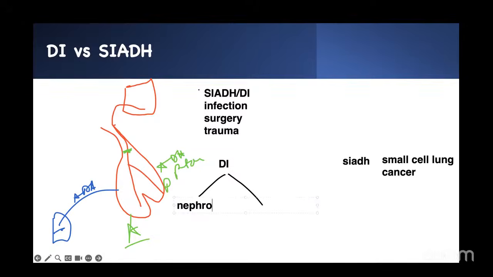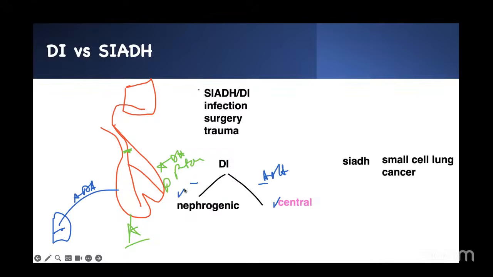Versus central. Central means it's from your brain. That means your brain is not working, right? And what is the problem? They're lacking ADH. So you see, there's no ADH, negative ADH. That means your brain is what is causing the problem, and this is your kidney.